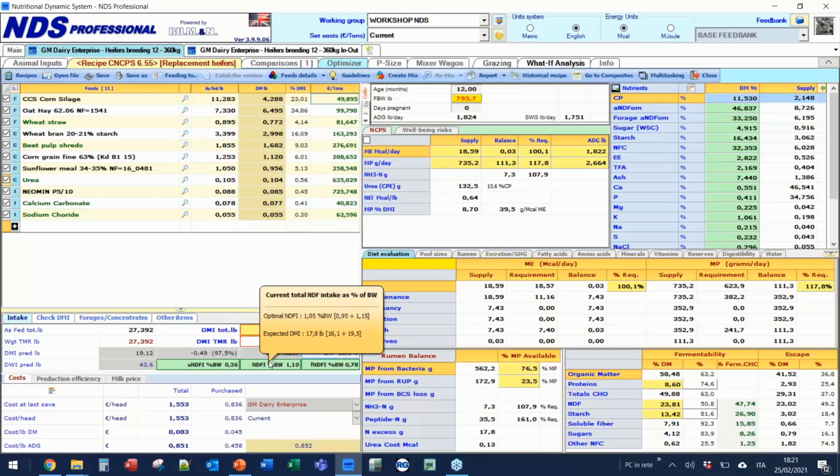This is a good reason to have good measurements of the body weight of the group, and based on this guideline, we can see that our NDF intake right now is around 1.1. So my expectation is that this group of breeding heifers is gonna eat this amount of dry matter intake.